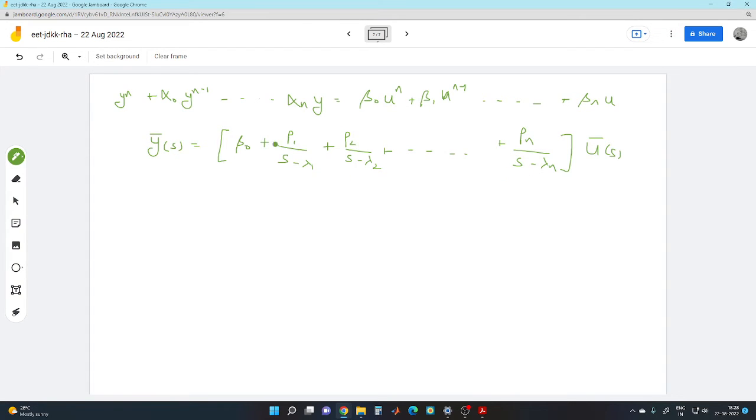We should remember that expressing it in this form is only possible if all the eigenvalues are independent, all the eigenvalues are unique. If two eigenvalues come as identical values, then this Jordan canonical form cannot be expressed directly.